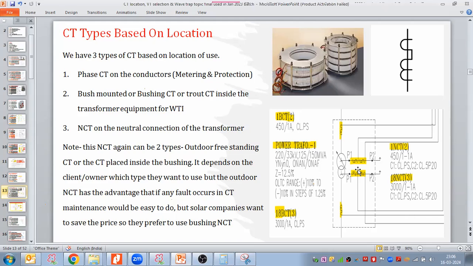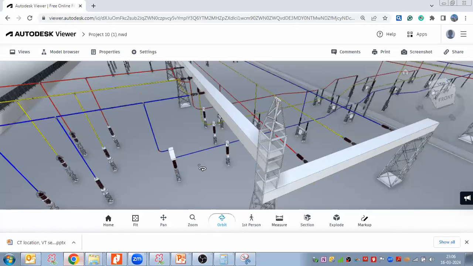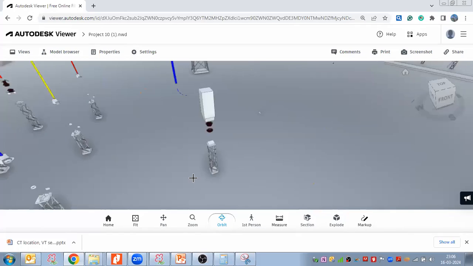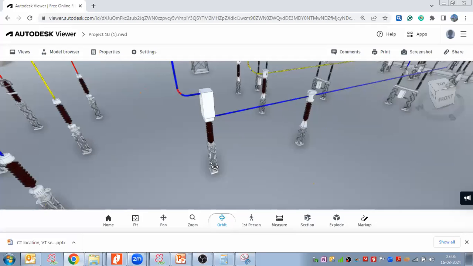If they are concerned about pricing, then if I take an outdoor CT, we have to make a separate civil foundation, then place a support structure, and then place the CT on top of it. Here you see the structure, and on top we are placing the outdoor CT.